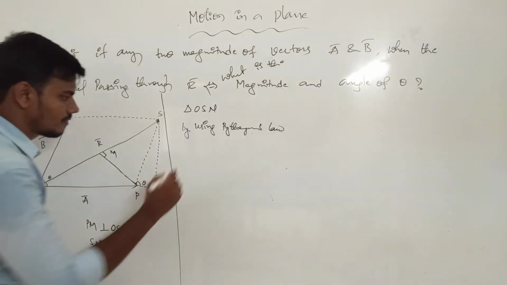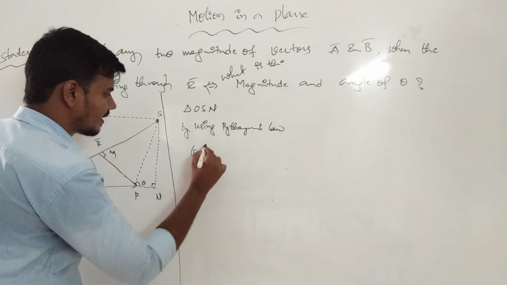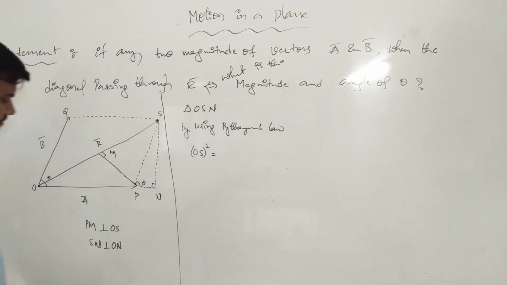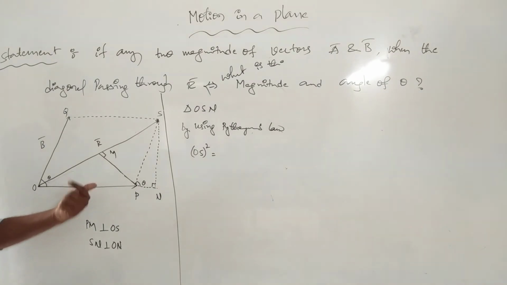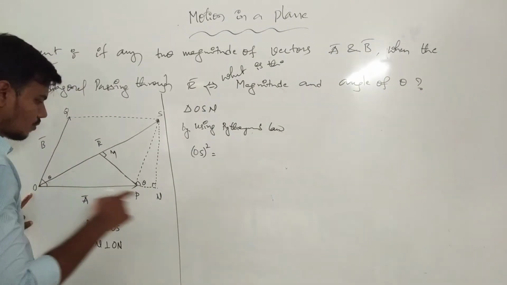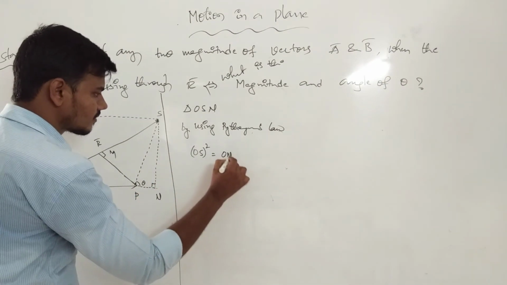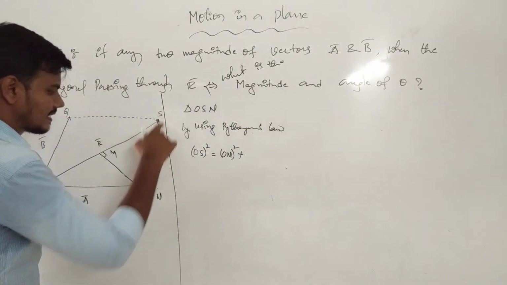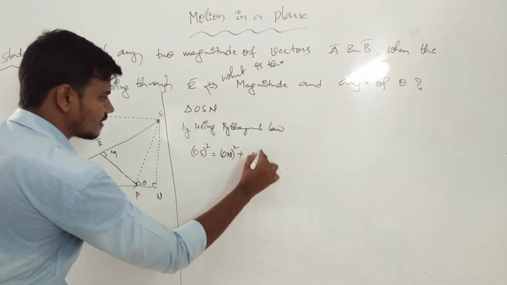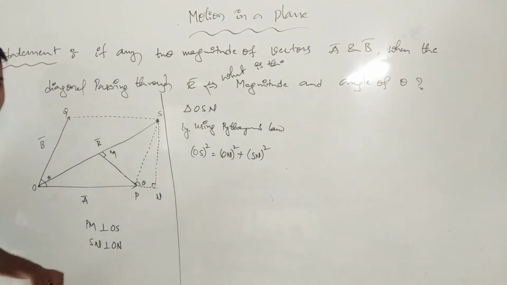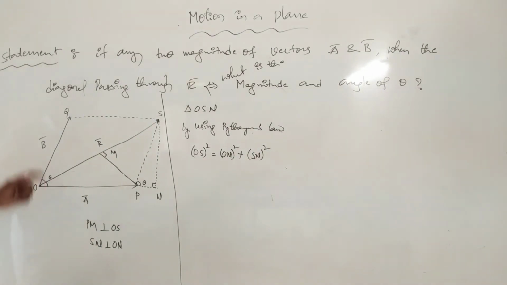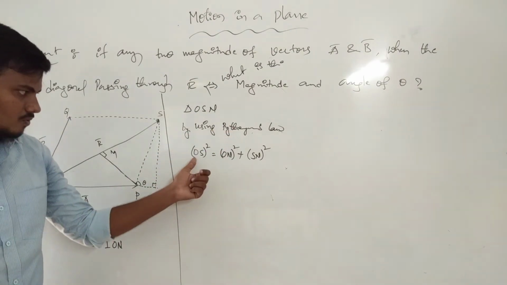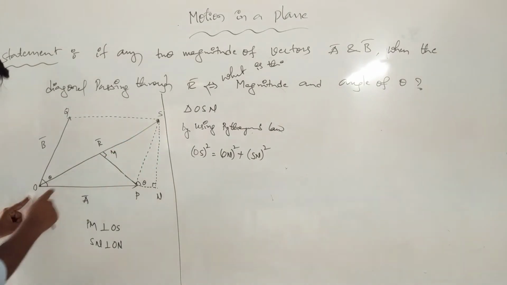Now first, OS square is equal to ON square plus SN square. Okay, this is the application of Pythagoras law: OS square is equal to ON square plus SN square.